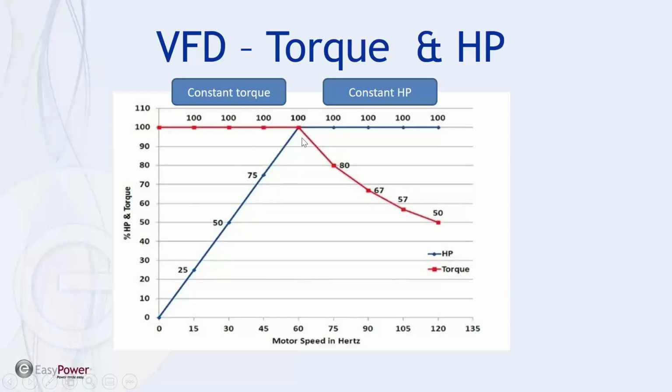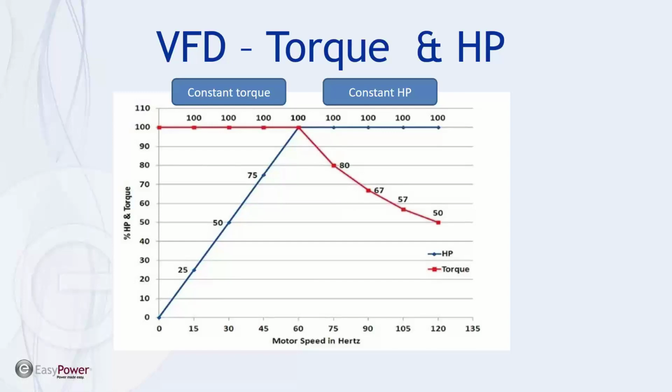And anything above the design speed, we maintain constant horsepower, and then the torque will suffer. That ends up being a general rule of thumb in VFD controllers.